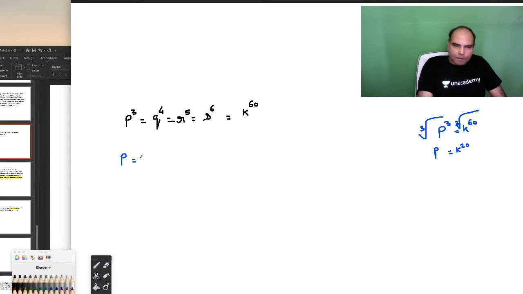So the value of P will be K raised to 20. For Q raised to 4, we can take a fourth root of Q raised to 4 and a fourth root of this. So we'll get Q is equal to K raised to 15.